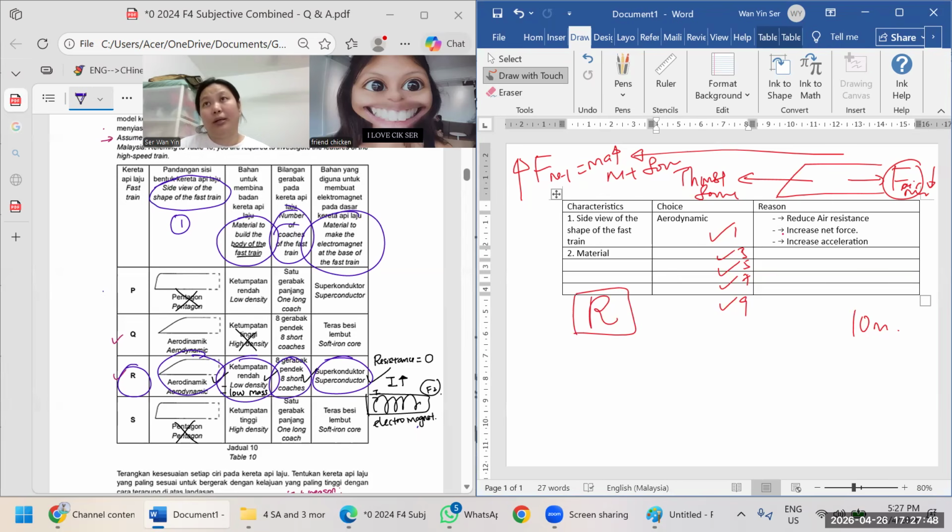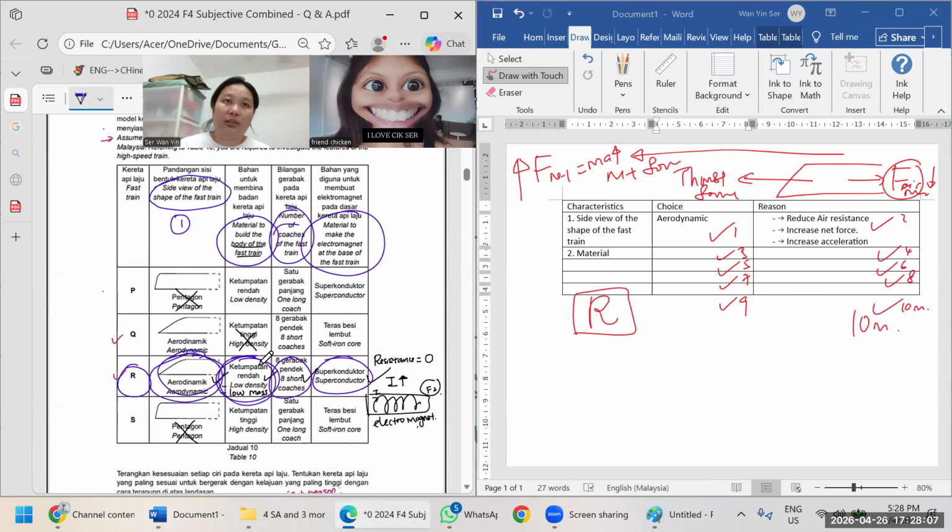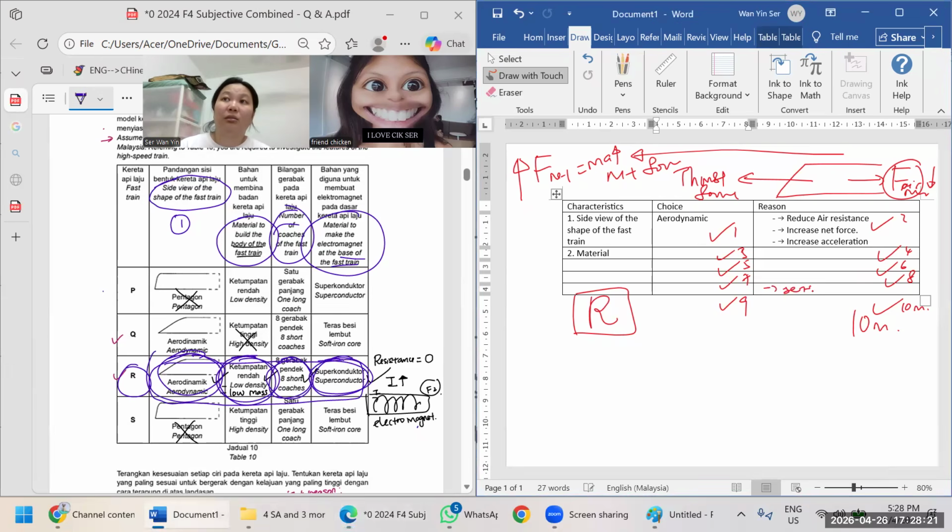The even numbers paired to the odd numbers are your reasons. So 2, 4, 6, 8, 10. 10 is you must write back why you chose R, because R has an aerodynamic shape, low density, and superconductor as the base. It means you repeat back what you chose. Please write the sentence you repeat back.